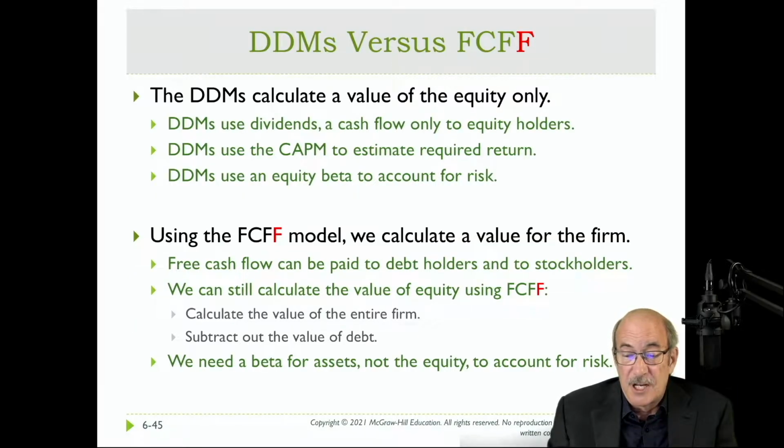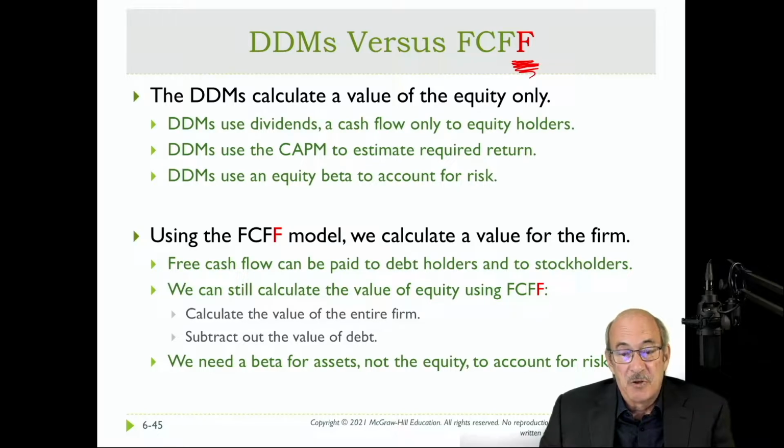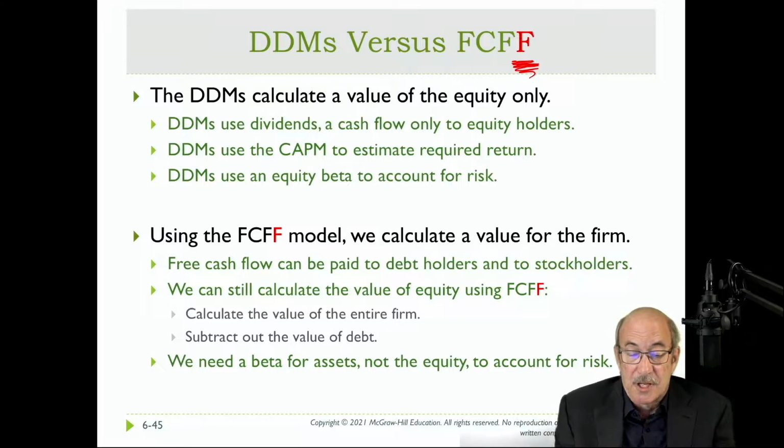DDM versus free cash flow to the firm. Obviously, the dividend discount model uses dividends. It does use CAPM as the required rate of return, and so does the free cash flow model. And here's another key difference, and again, this relates to that last letter that the book left out.